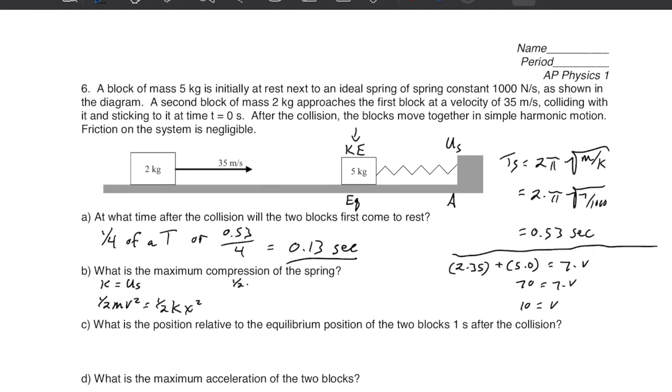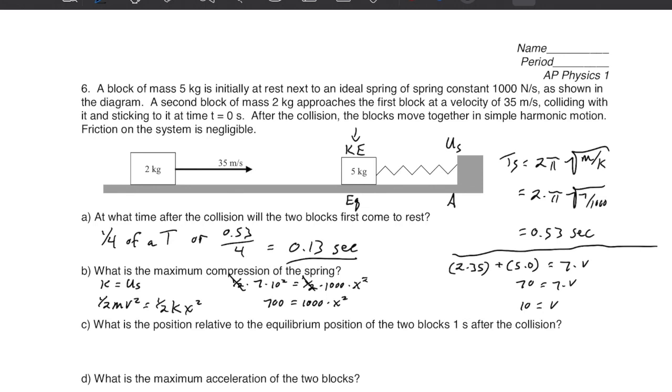At equilibrium, we have 1/2 times the mass of 7 times 10 squared, the velocity we found after the collision, is equal to 1/2 times k, which they gave us as 1,000, times x squared. We're going to solve for x. Yes, the 1/2s cancel on each side. 7 times 10 squared is 700, which is equal to 1,000 times x squared.